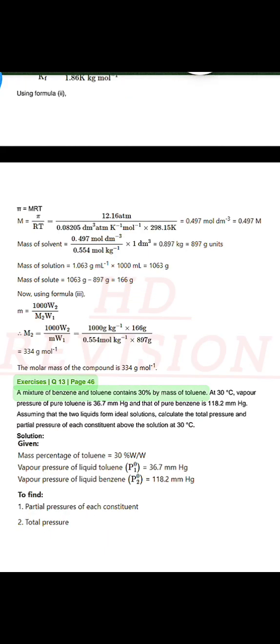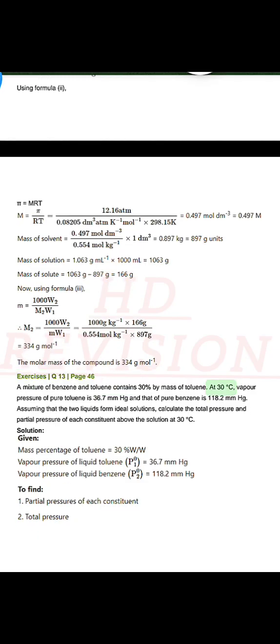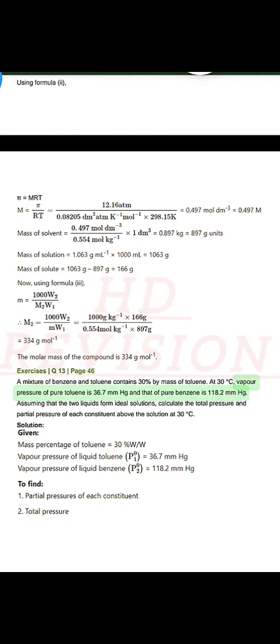Exercises Q13 page 46. A mixture of benzene and toluene contains 30% by mass of toluene. At 30 degrees Celsius, vapor pressure of pure toluene is 36.7 mm Hg and that of pure benzene is 118.2 mm Hg.